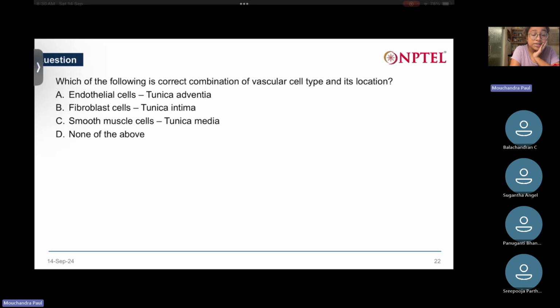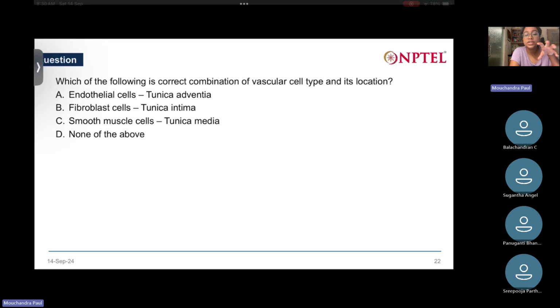Which of the following is the correct combination of vascular cell type and its location? So this question is talking about the structure of a blood vessel. So there are layers. These layers are called tunica intima, tunica media, and tunica adventitia. Tunica intima is the layer which is directly in contact with the flowing blood, whereas tunica adventitia is the farthermost layer, the outermost layer.